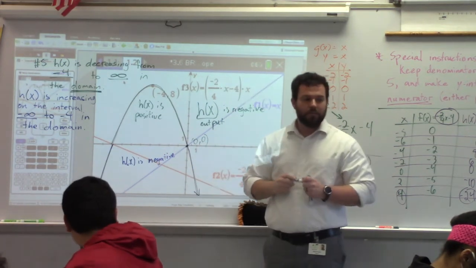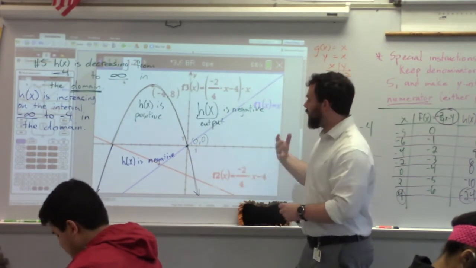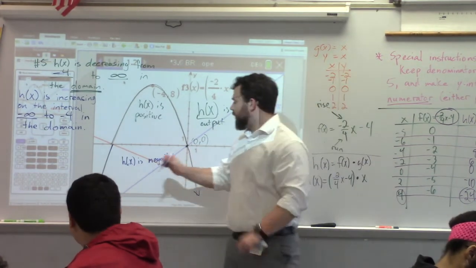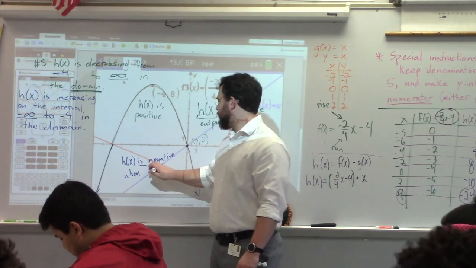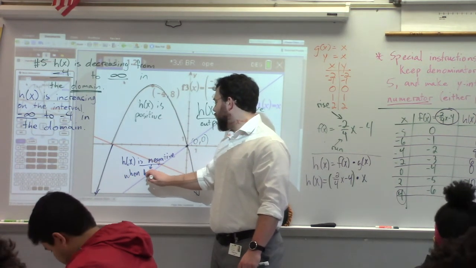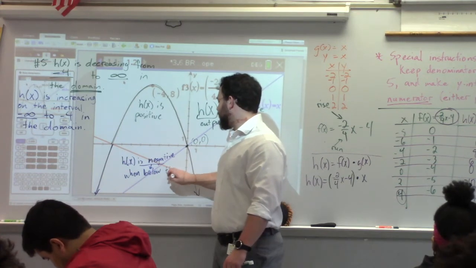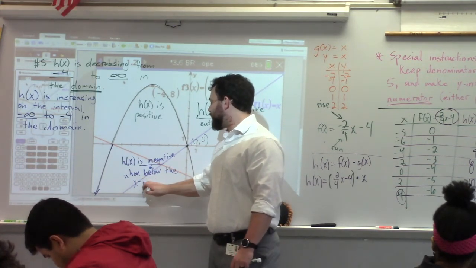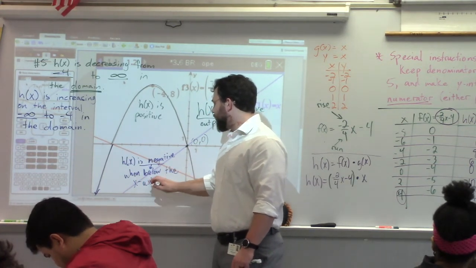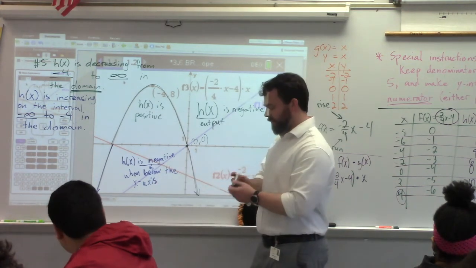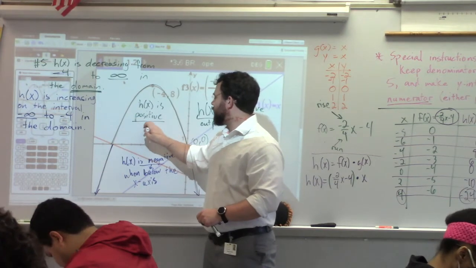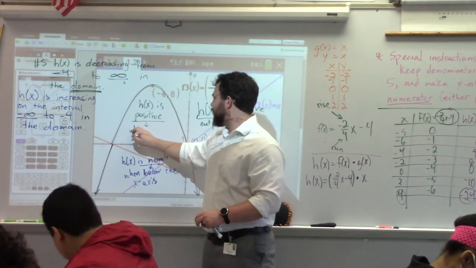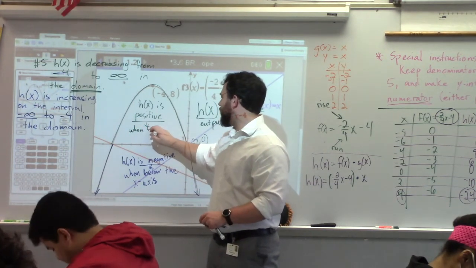I would make a note to myself on my graph and on the paper, the function is negative when below the x-axis. Remember, we're talking about those outputs, the y values. So if it's below the x-axis, it's negative. It's positive when the function is above.